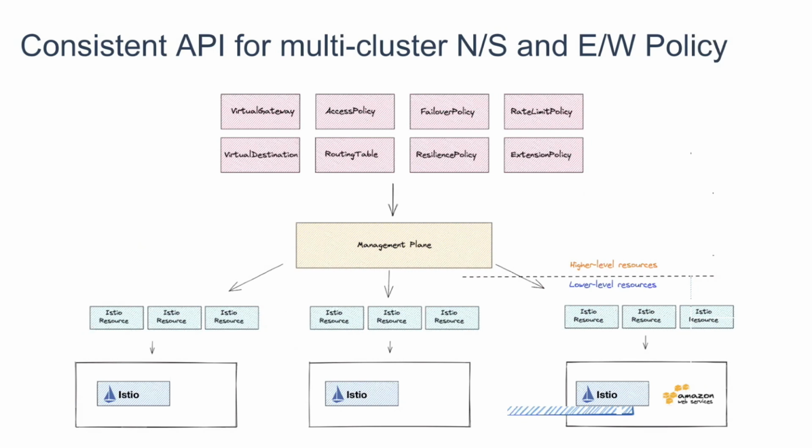And so this API is a little higher level API that ends up getting translated down into the correct Istio APIs and put on the right clusters. Does that make sense? The big reconciliation loop. It's watching the clusters. It's doing global service discovery. It's listening for policy changes, and it's translating that down and pushing it out. So it's the control plane for the Istio control planes in each of their respective clusters.